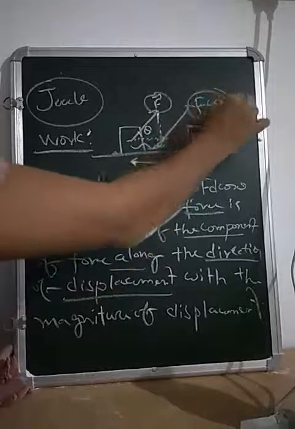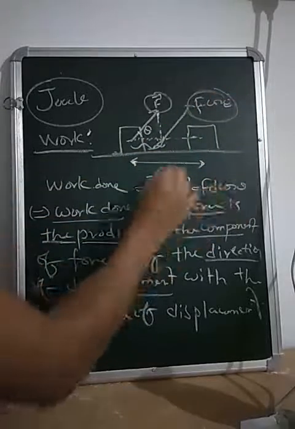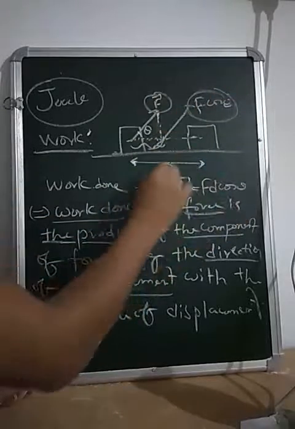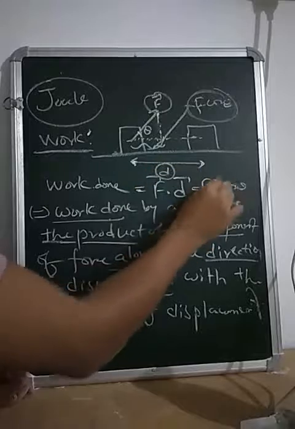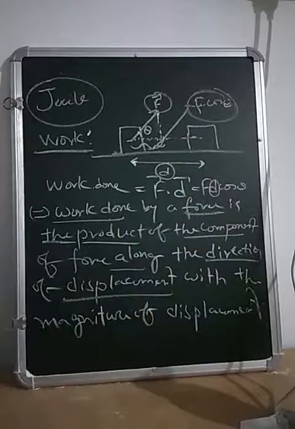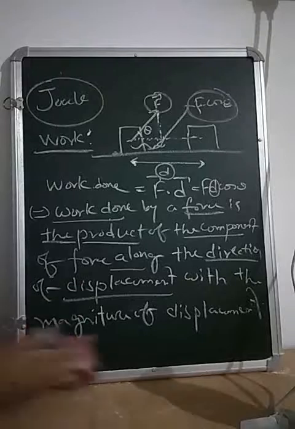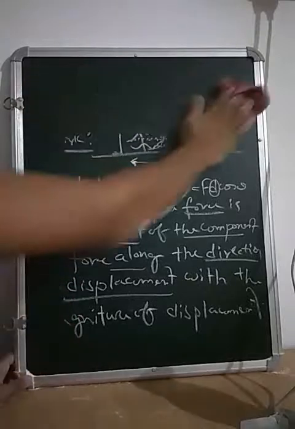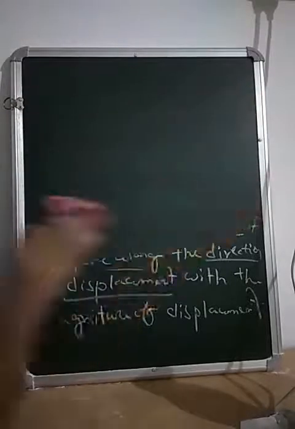The component of force is the projection of F on the displacement vector D, which is F cos theta. So work done by a force on a body is the component of force along the displacement with the magnitude of displacement, that is F cos theta into D or FD cos theta. This is the mechanical work done on a body or system. This is how we express mechanical work done on a body or system.